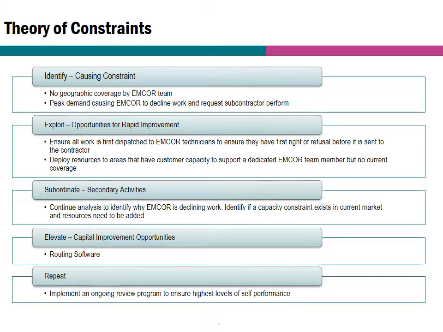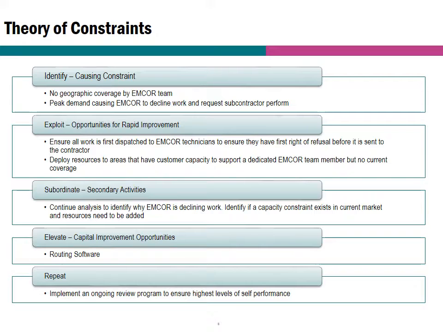Secondary items for improvement include continuous analysis of why EMCOR is declining work. If it's a capacity constraint in a population-dense area, do we need to look at adding additional resources to alleviate that? And then if we look at elevating and continuous improvement beyond that, a capital opportunity is routing software.